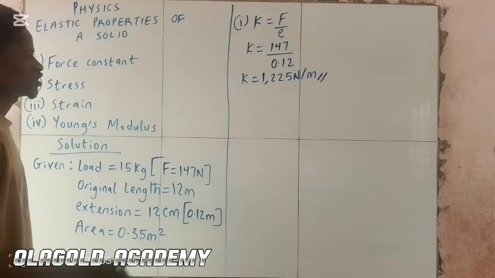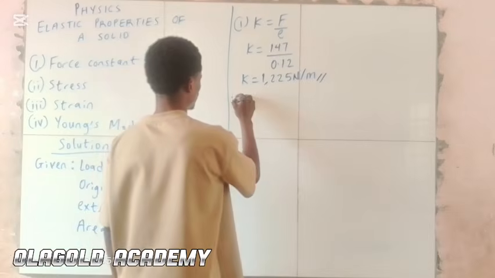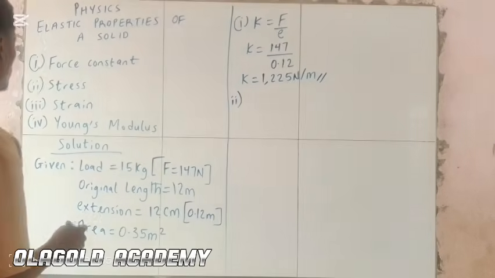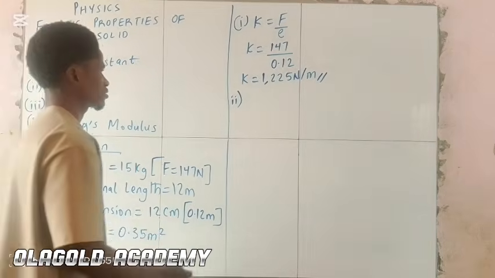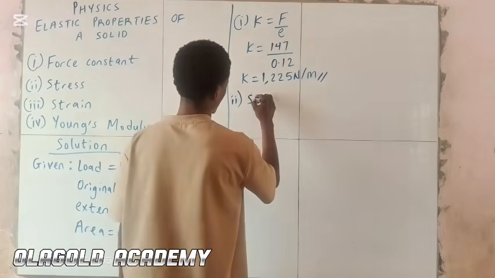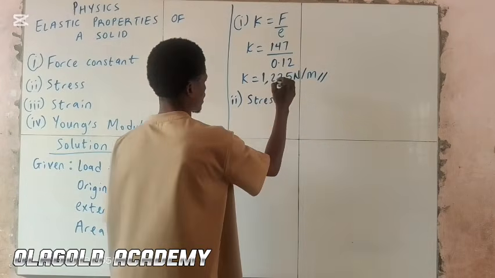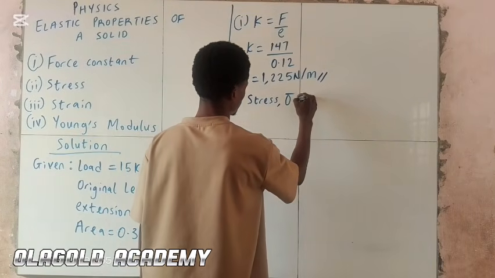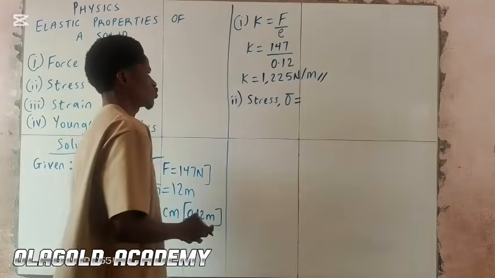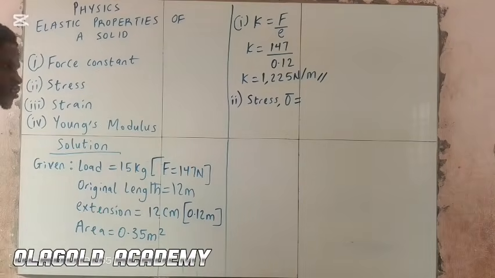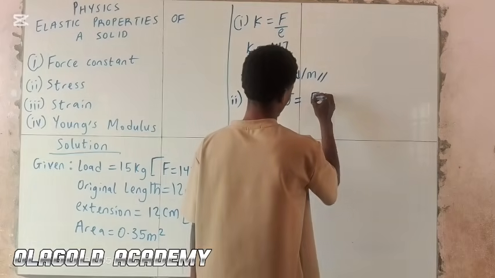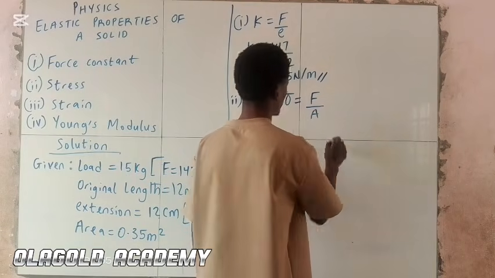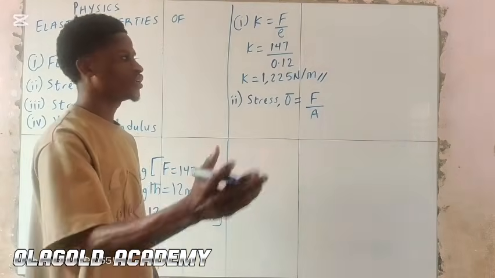Right, this is our final answer. Question 2 says calculate the stress. Stress is given as sigma. So how do we express stress? Let's not forget, stress is expressed as force over area, the ratio of force to area.